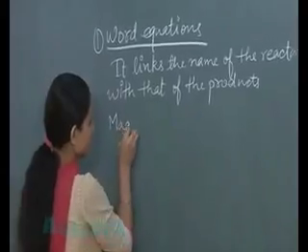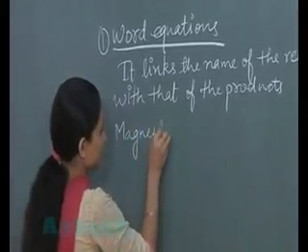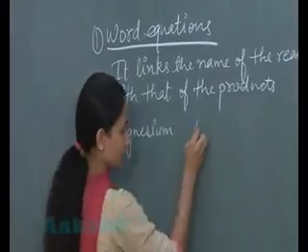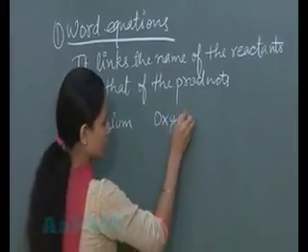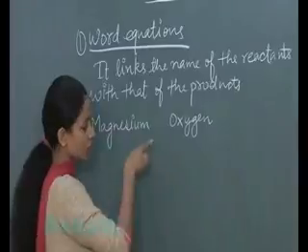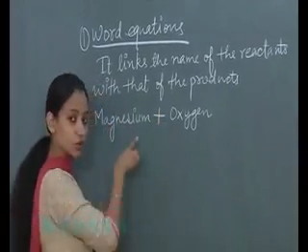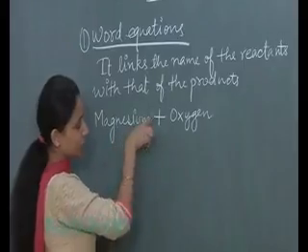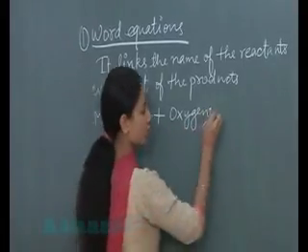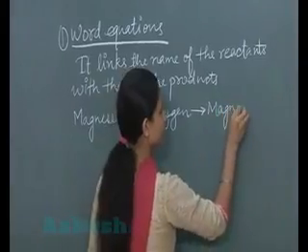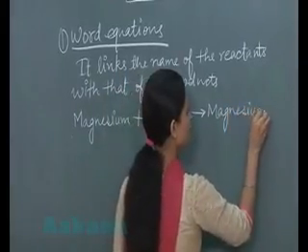So the first element which reacts here in the reaction is magnesium. Magnesium reacts with oxygen. So I can write the other reactant is oxygen. The reacting thing I can show by this plus sign. So this shows that magnesium reacts with oxygen to give you magnesium oxide, which is a white colored powder.